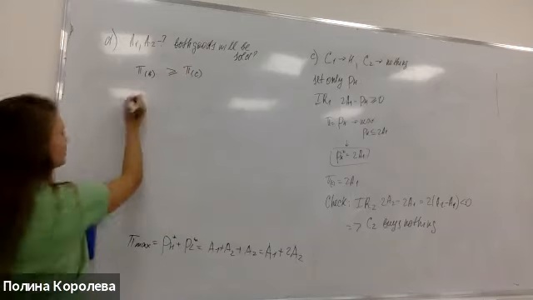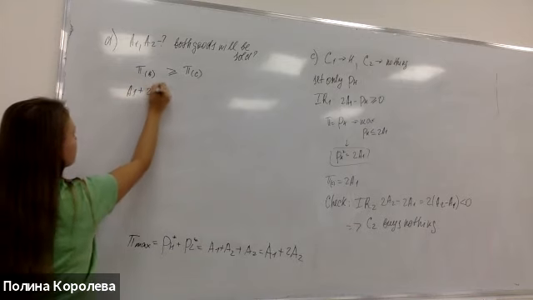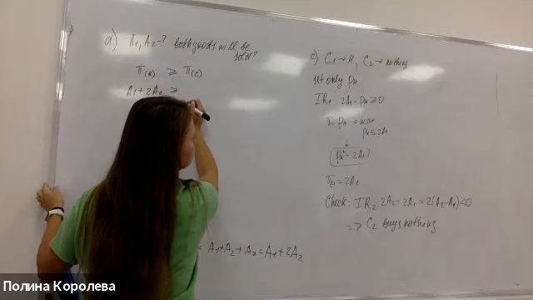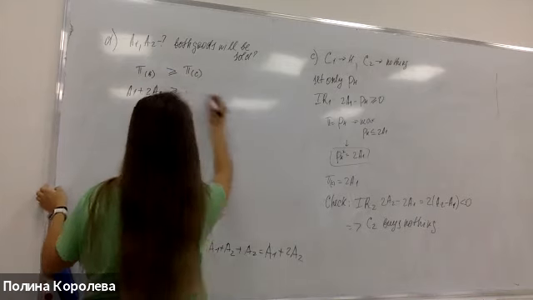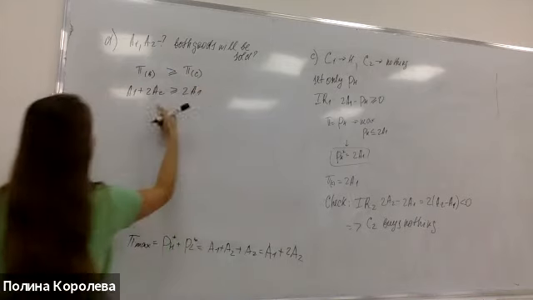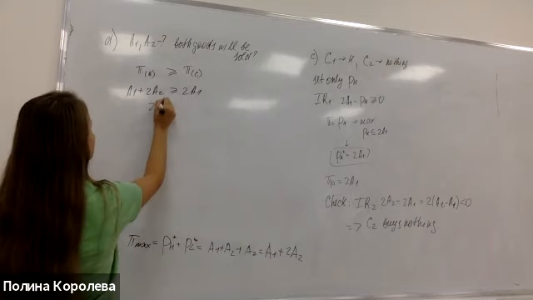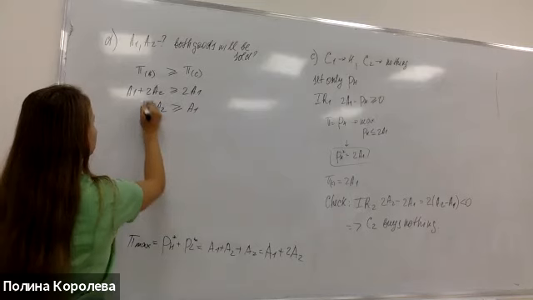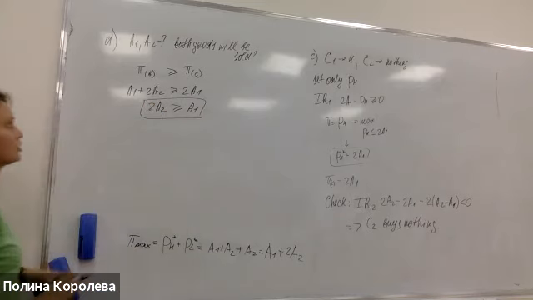So let's compare. A1 plus 2A2 should be greater or equal than, how much? 2A1. So from here, 2A2 should be greater or equal than A1. This is our condition for selling both goods, not only one good. And it will never happen.